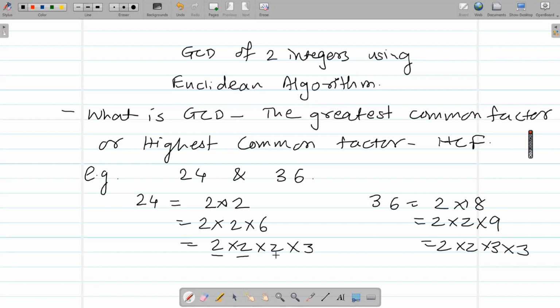And then we would consider the common factors. This is the first two I'm getting as a common factor.